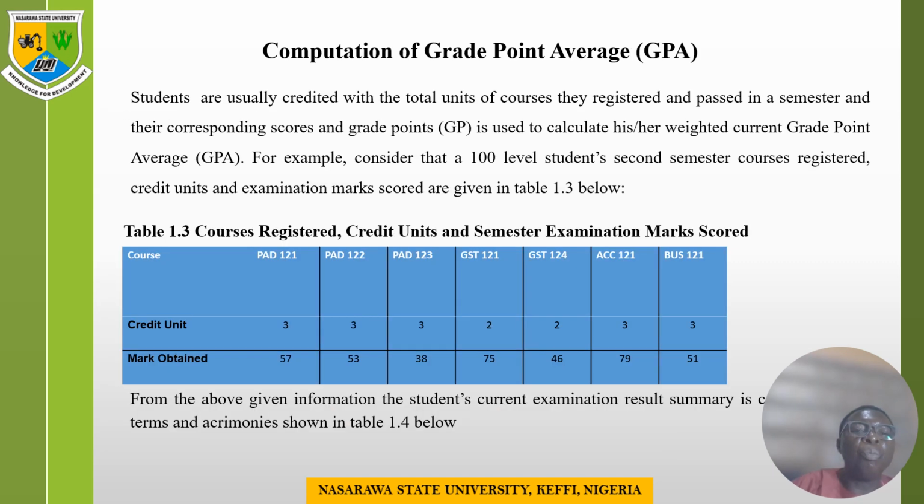Of course, computation of grade point average. Now, students are usually credited with the total units of courses they register and pass in a semester, and their corresponding course units and grade points are used to calculate his or her weighted current grade point average.